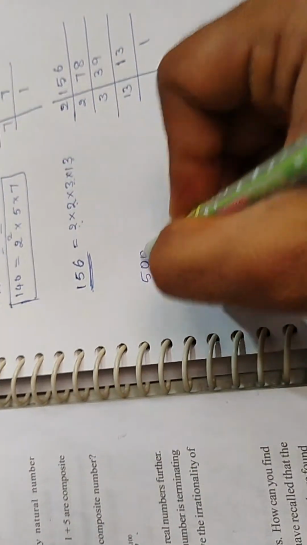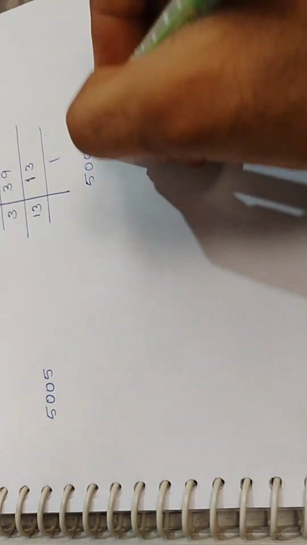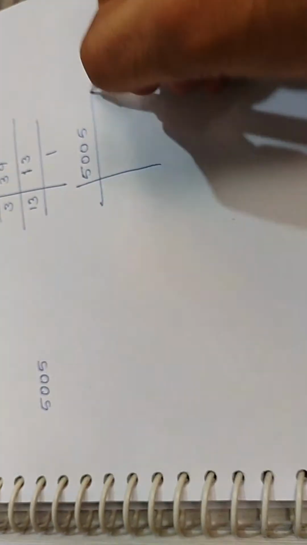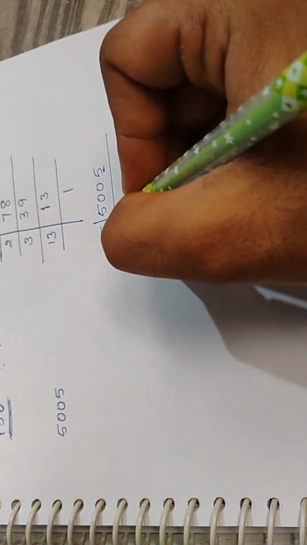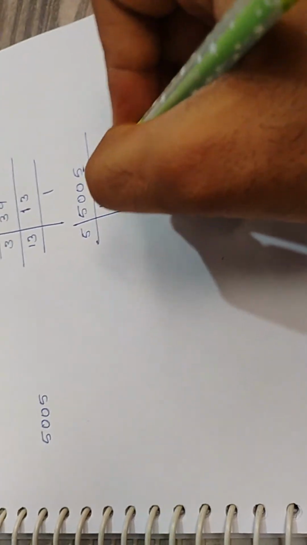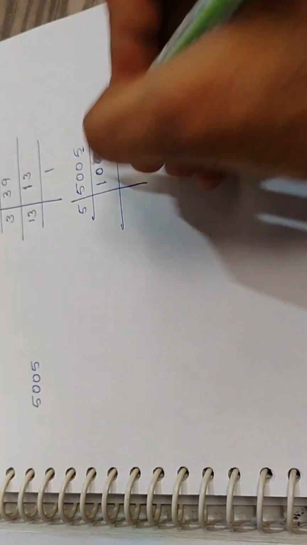Now look at this. Again, what is the next number? You can also do this one. Look at the third problem, fourth problem here. 5005. You have to write it in prime factorization. Look at 5005. It is not divisible by 2, not divisible by 3. Then you have to go with the 5 table. 5 1s are 5, 5 1s are 5, 5 1s are 5. Now, are there any other possibilities?